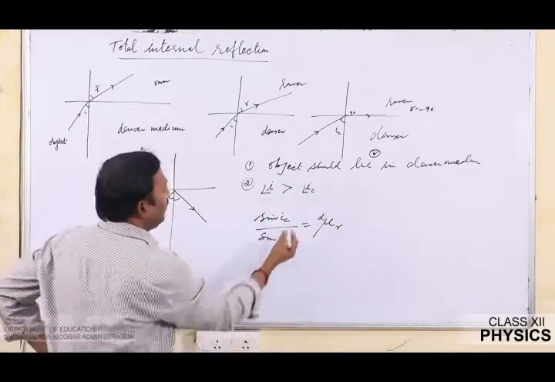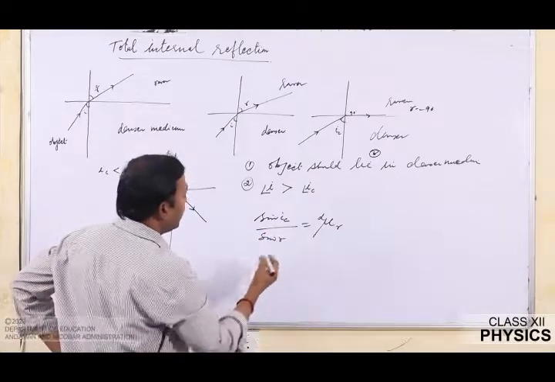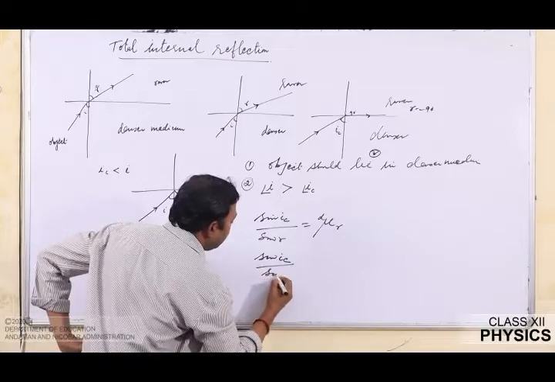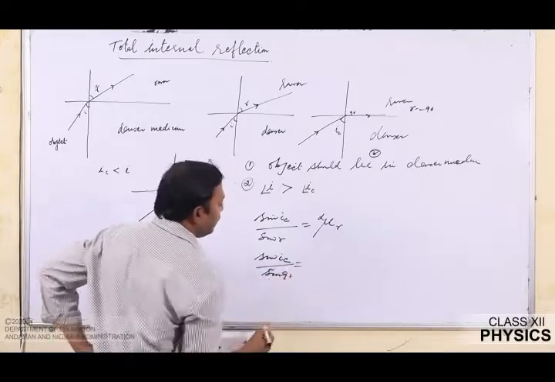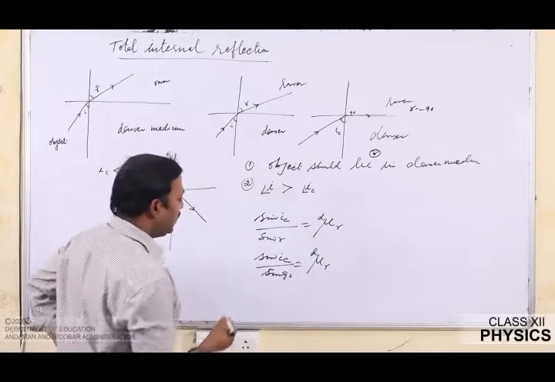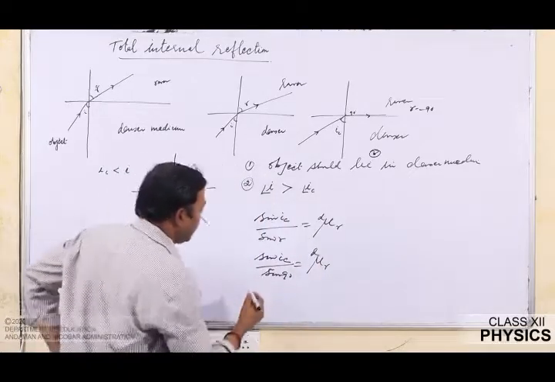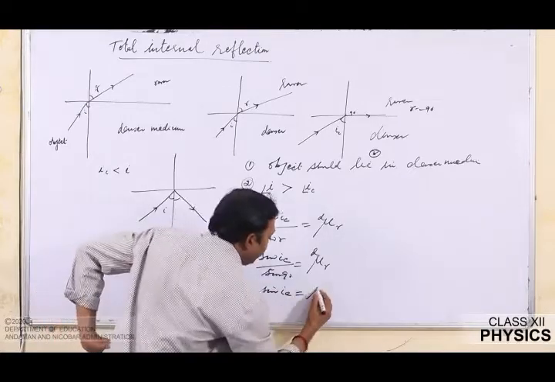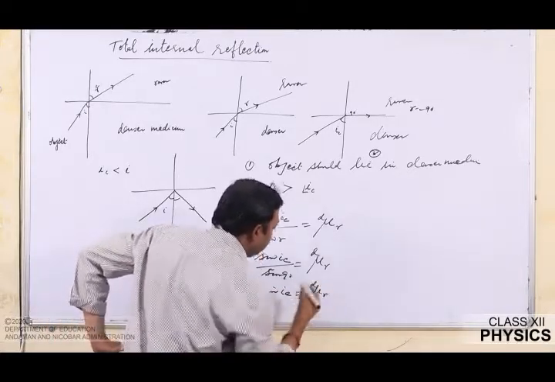Here, the value of R is equal to 90 degrees. After putting that value, you will get sin IC divided by sin 90 is equal to the refractive index of rarer medium with respect to denser medium. We know that sin 90 is equal to 1. This expression gives sin IC is equal to the refractive index of rarer medium with respect to denser medium.